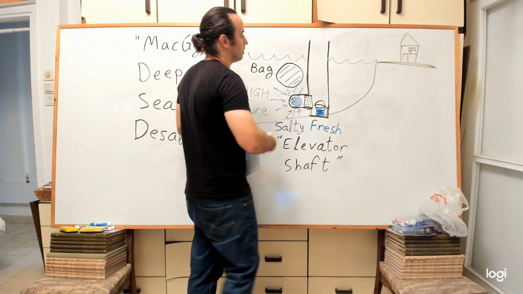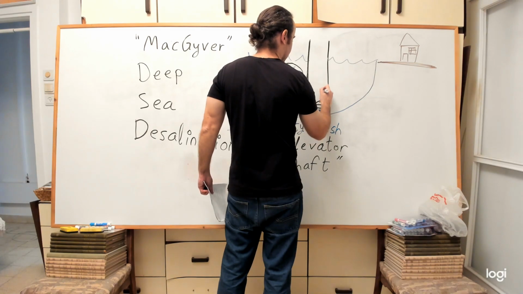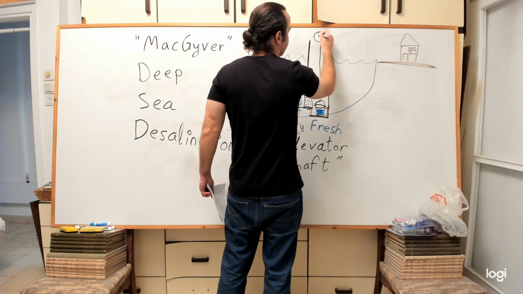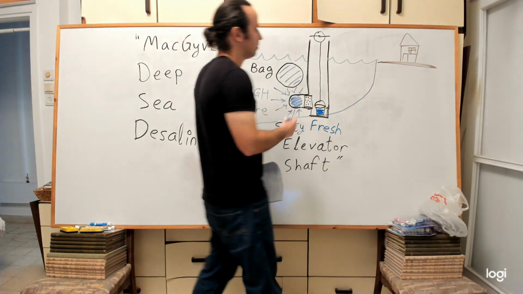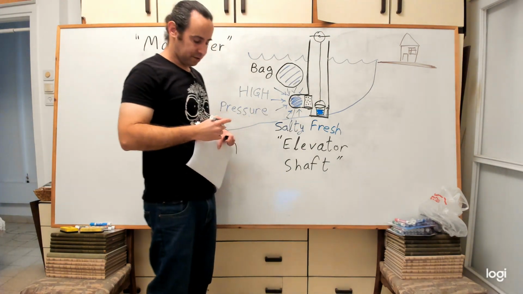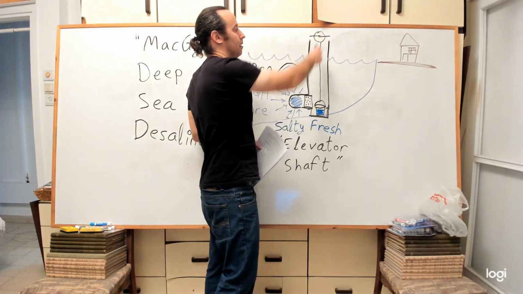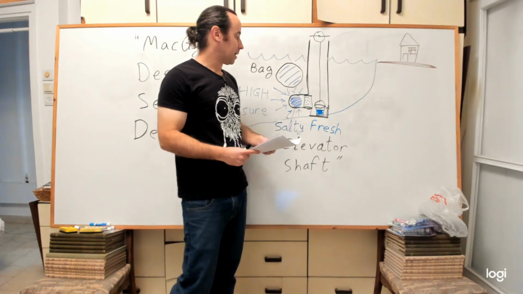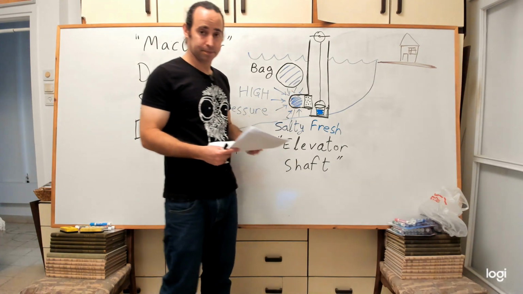So this bucket is connected to a rope that goes all the way up to here, and here you have some wheel, and you roll it up. You bring it up and you have the water almost for free. It's just the energy of lifting the water, which is not very much energy. It's much less energy than making the water high pressure.